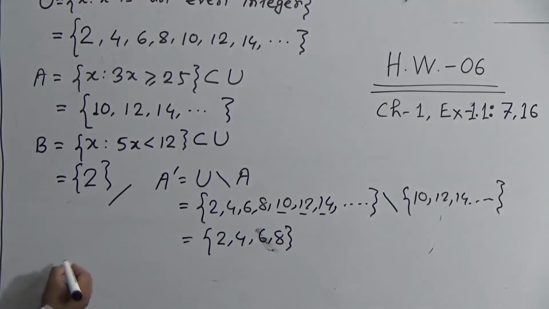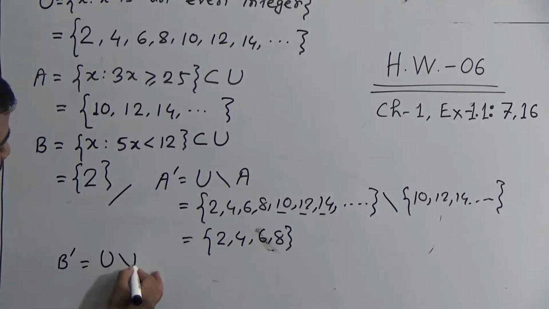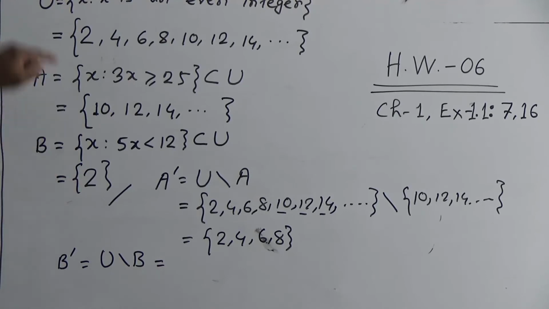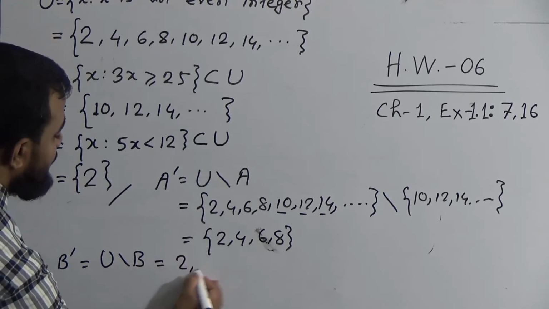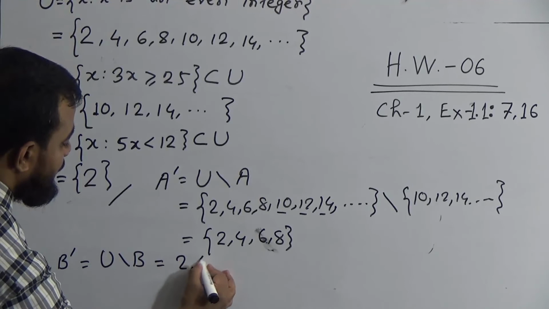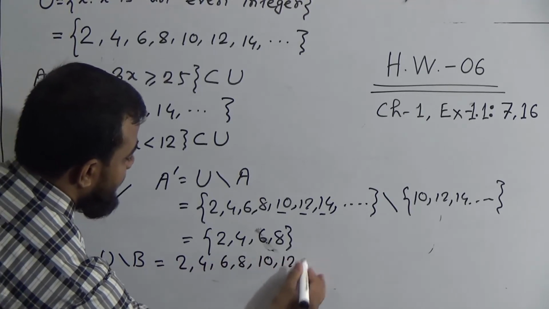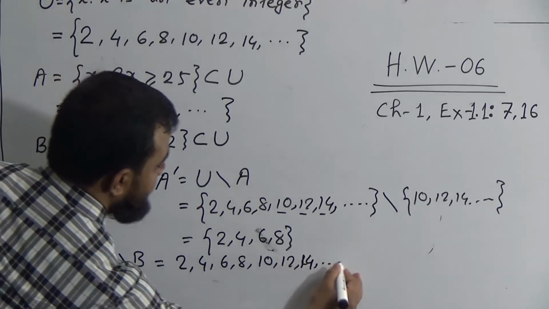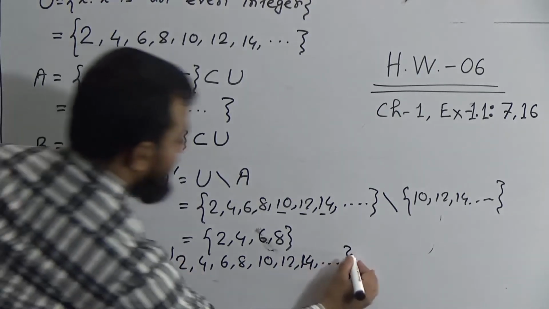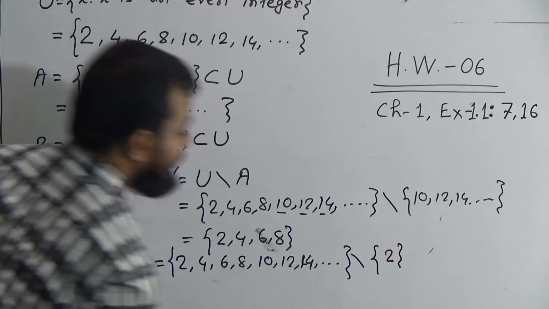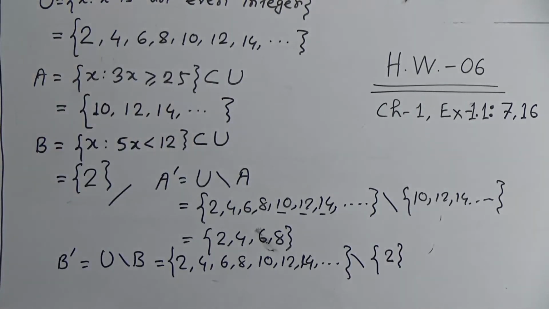Now we need to find out the set B prime. B prime equal to U delete B. From the set U we need to delete only B. The set U equal to 2, 4, 6, 8, 10, 12, 14 and so on, my dear students. Delete B. B means the set which has only the element 2.